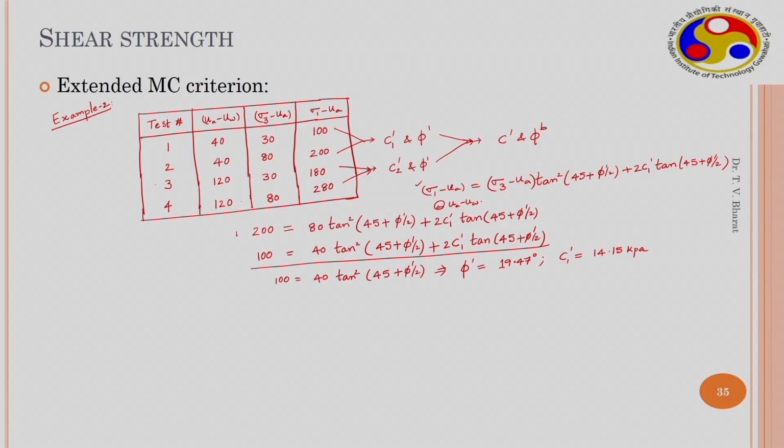Similarly, this is 2 and this is 1. And similarly, when you use 4, 280 is equal to 180 tan square (45 plus phi by 2) plus 2C2 dash, because these two are conducted at UA minus UW of 40 kilopascal.